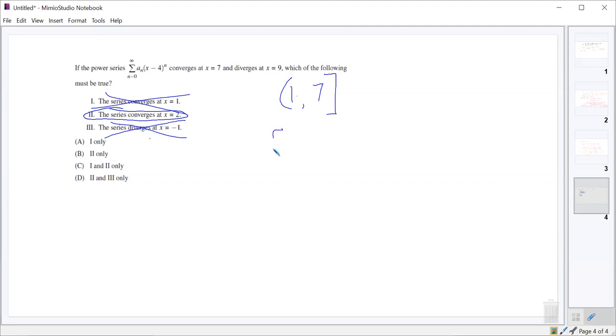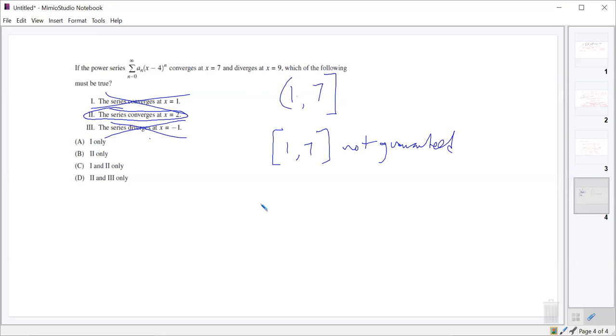We could have something like 1 to 7, that'd be fine, but this is not guaranteed. The only thing that's guaranteed is 3 units to the right, it includes that 7, and 3 units to the left is the interior of the interval of convergence, and it has to be open there. Could be closed, but it's guaranteed to at least be 1 to 7 open on the 1.